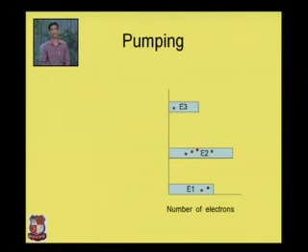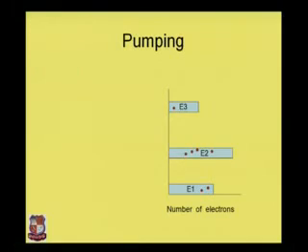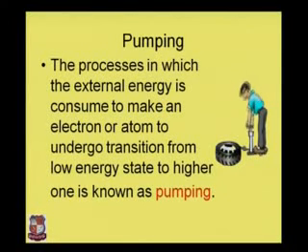So here your external energy takes the electron from the ground state to the excited state. The process in which external energy is consumed to make the electrons or atoms undergo a transition from a low energy state to a higher energy state is known as pumping.